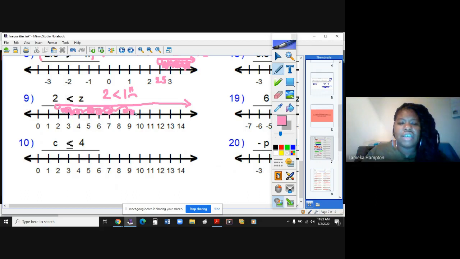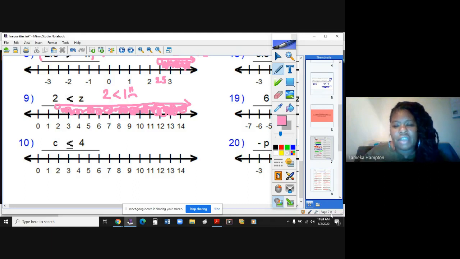I could say 2 is less than 10. 2 is less than 13.5. 2 is less than 130 over 3. So any of those fractions or decimals would work. Any fraction, decimal, whole number that falls within this particular category would be a solution.